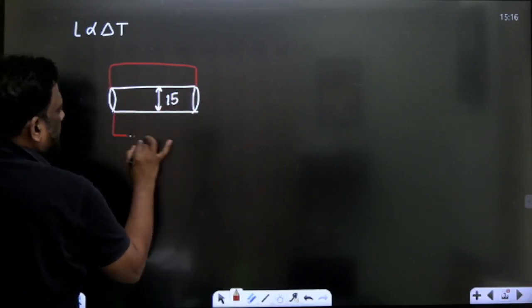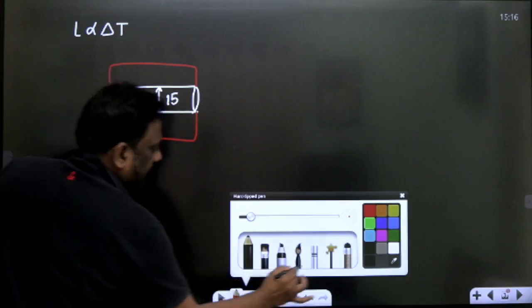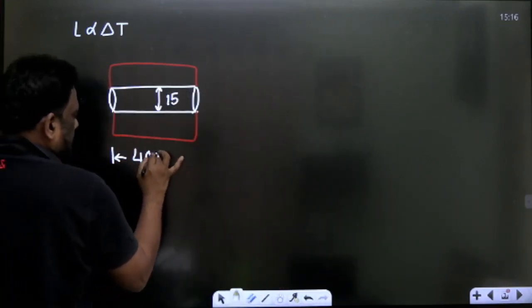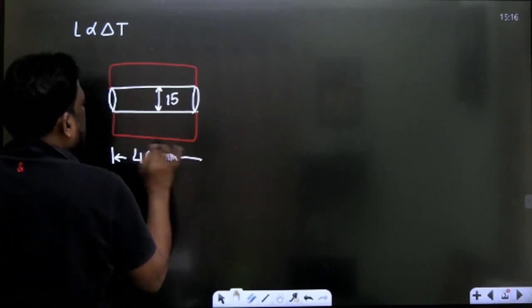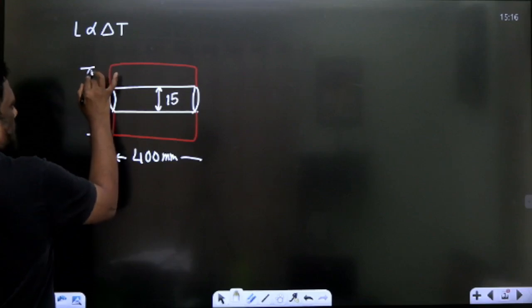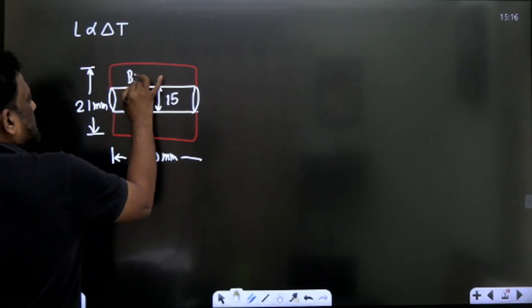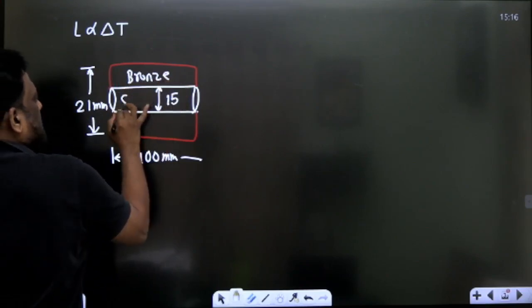This is bronze and the length is given as 400 mm. ठीक है, sirs. And this outer diameter is also given, that is 21 mm. The outer one is bronze and the inner one is steel.